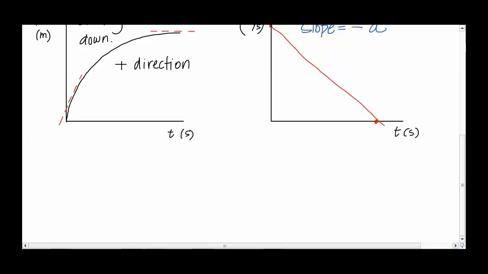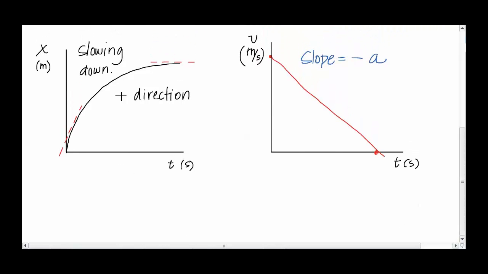It's moving in the positive direction. So if I draw some arrows to represent the motion, the velocity is positive because the object's moving to the right. It's going from 0 to some positive position. But my acceleration is negative. So it's not pointing to the right.